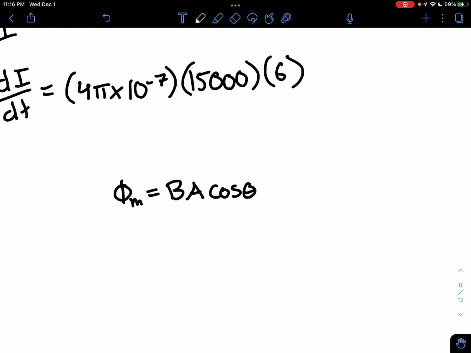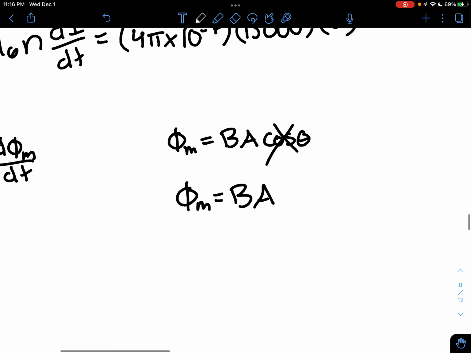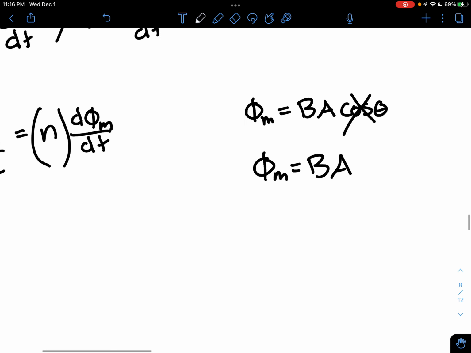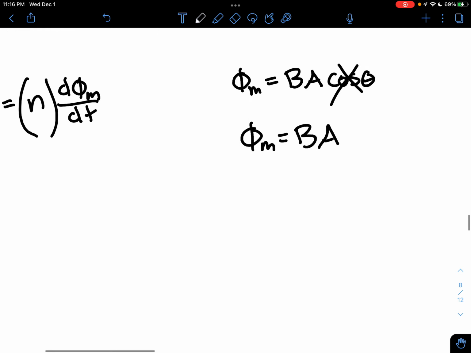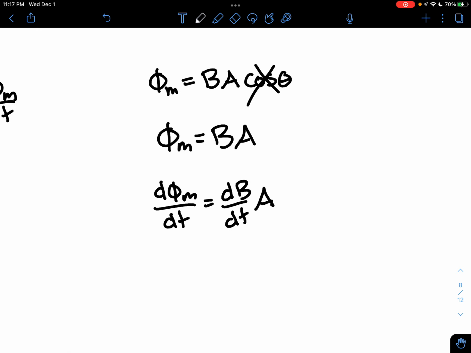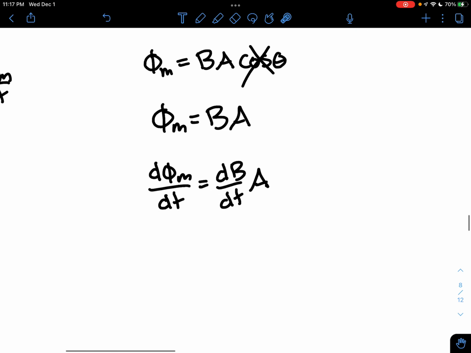Cosine of 0 is 1, which means we get to ignore that. Magnetic flux is just B times A. But we don't have B, we have our change in magnetic field with respect to time. And we're not looking for our magnetic flux, we're looking for our change in magnetic flux with respect to time. So I'm going to differentiate both sides of the equation with respect to t. So d flux dt is dB dt times our area, because our area doesn't change over time. It's always going to be the same.